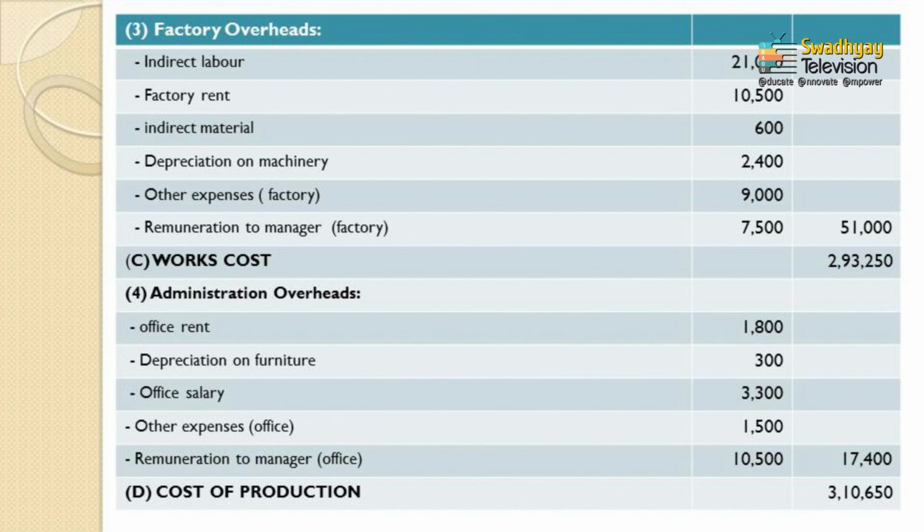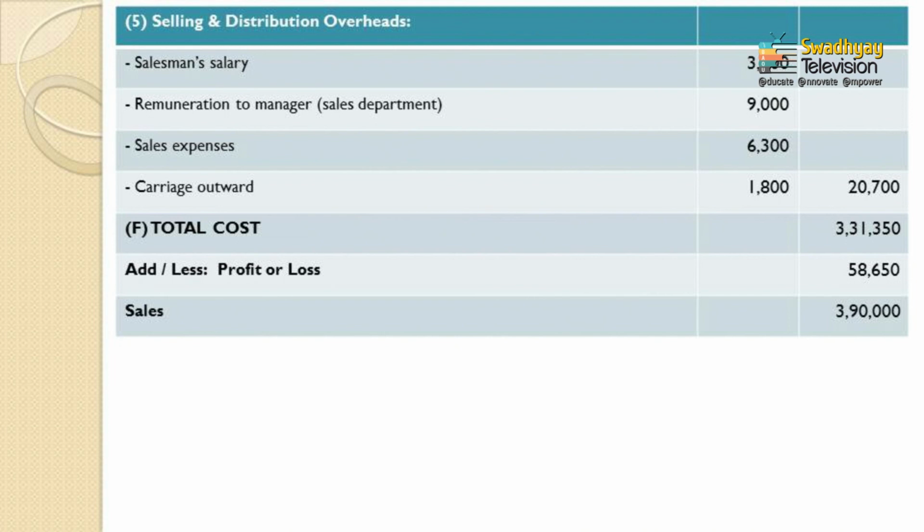At the end of work cost, we add the administrative overheads to determine the cost of production, and with the selling and distribution expenses, we determine the total cost, which is compared with the sales. The difference is called the profit.